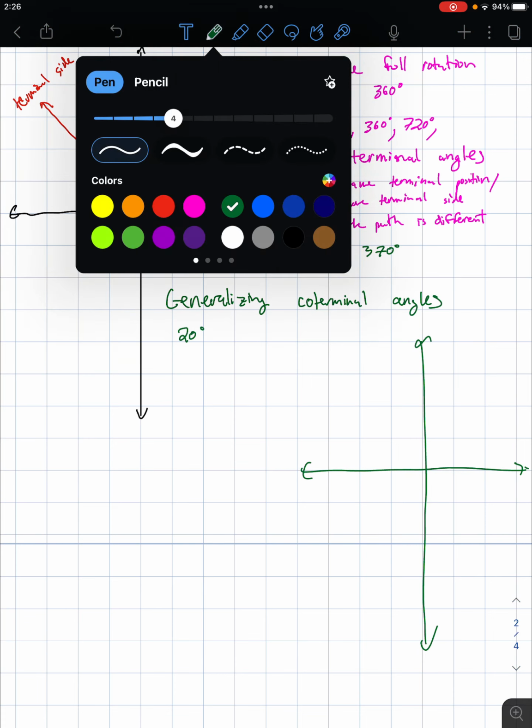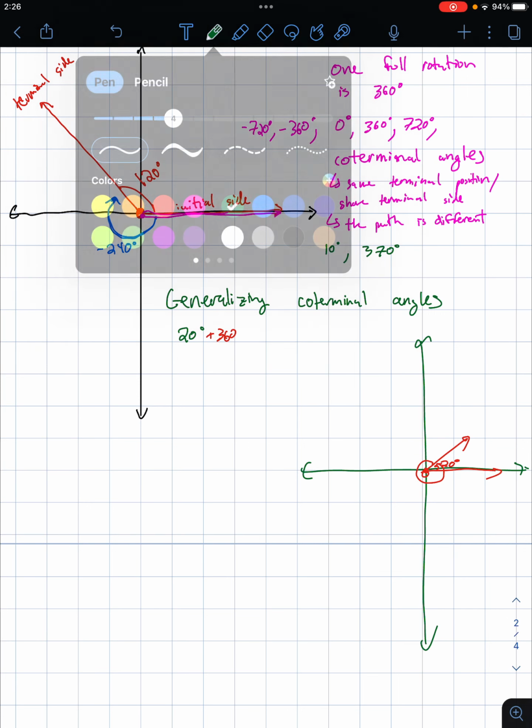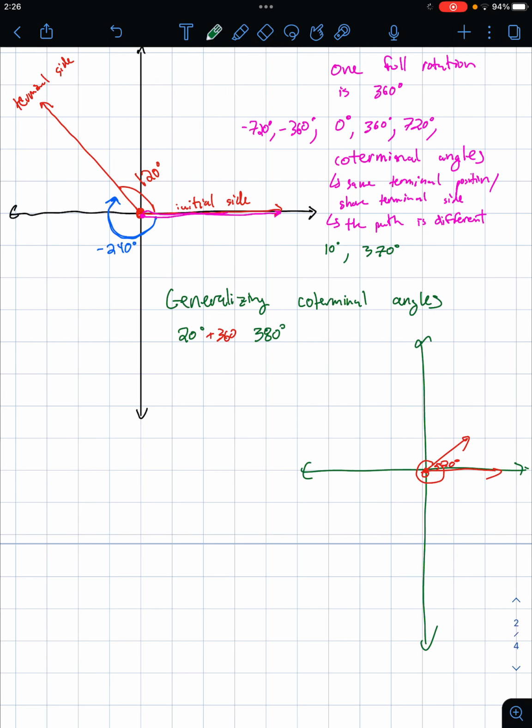Say I have an angle of 20 degrees, and I want to know what's the next angle that's going to get me to that same terminal side. Well, if I just go another full rotation, if I rotate 20 and then do another 360 degrees from that 20, I'm going to get my next location, which is going to be 380 degrees. So 20 and 380 are coterminal.